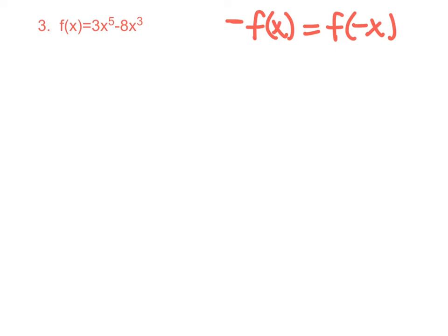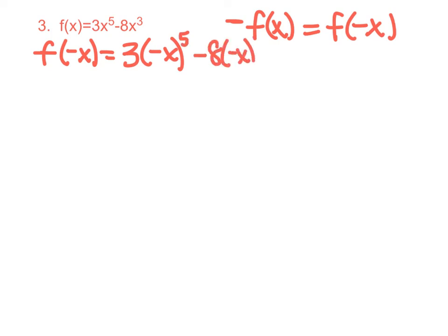Okay, so I'm going to start with f of negative x. So remember that means everywhere I see an x, I'm going to put in a negative x, raise it to the 5th, minus 8, I see an x, and I'm going to raise it to the 3rd. All right, so let's do f of negative x. All right, well, a negative to the 5th power, negative times a negative times a negative times a negative times a negative, is a negative.